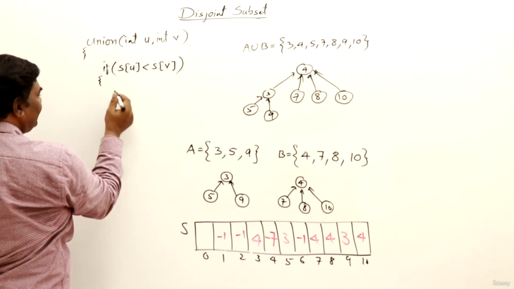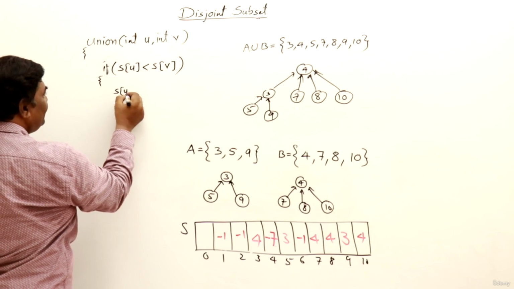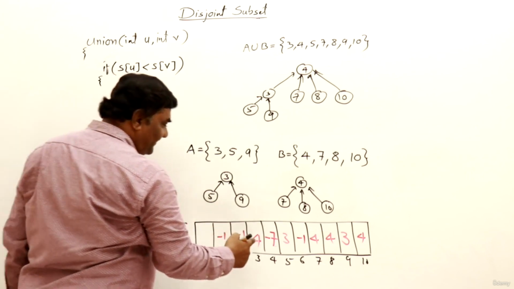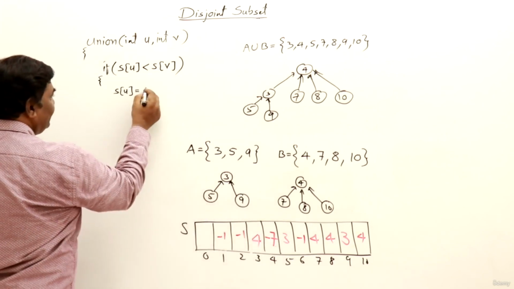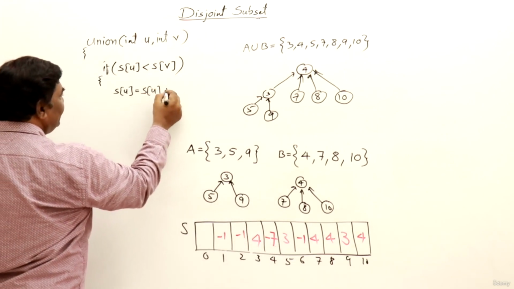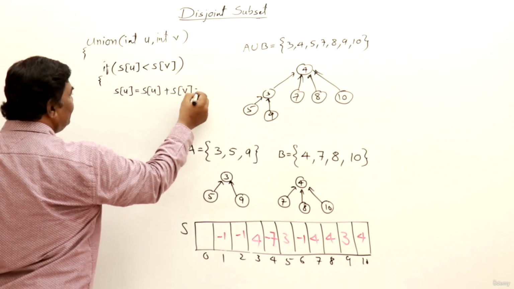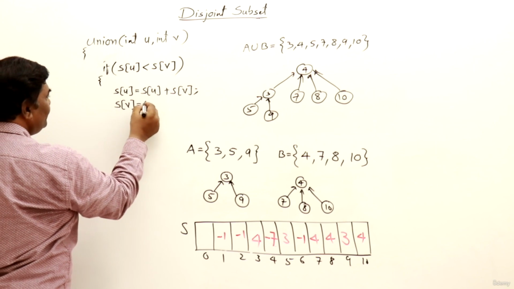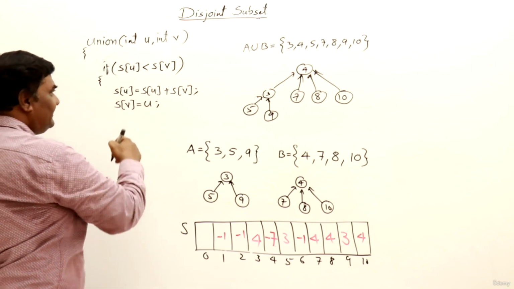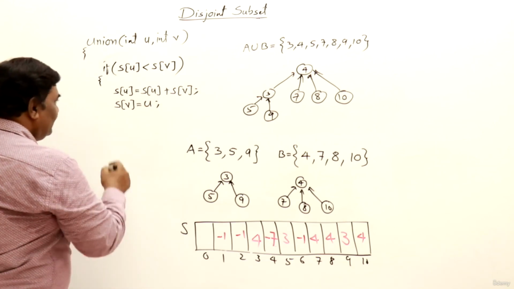S of U will become parent. But in S of U, we will write down the total value, that is -3 -4 we added and wrote here, right? So that is S of U plus S of V, and then we will change S of V's parent as now U. So we'll make U as a parent if U is greater.